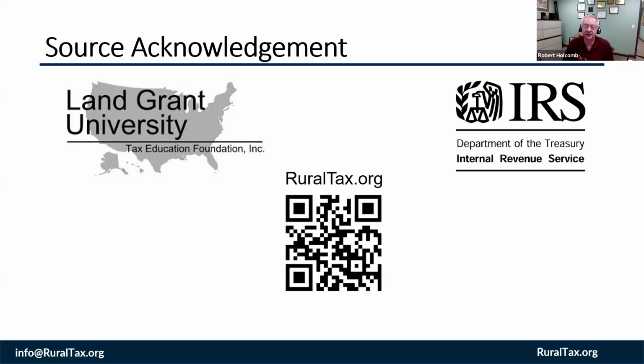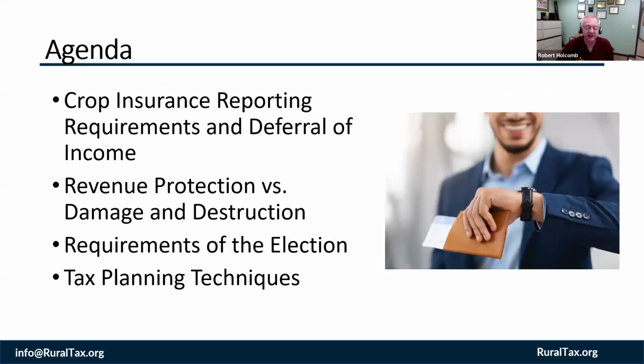We're part of the National Extension Income Tax Education Committee, and the website that this group populates is called ruraltax.org. You can either type the ruraltax.org or you can use the QR code. And finally, I am using some material coming from Internal Revenue Service as well. So those are pretty much where my sources are coming from for the program today.